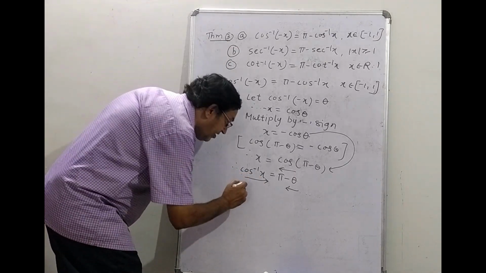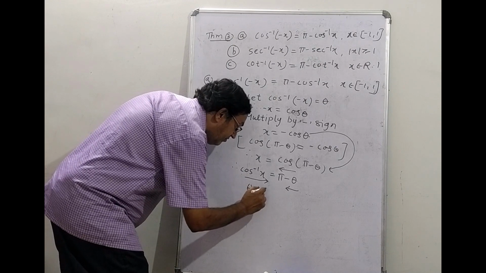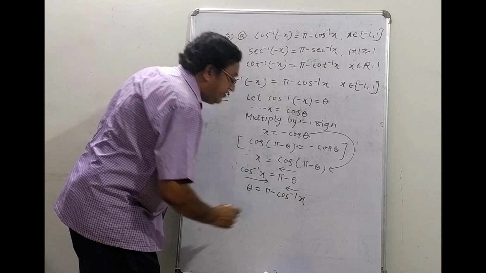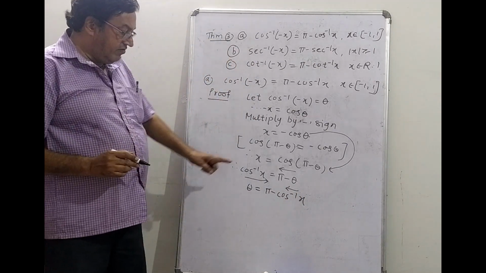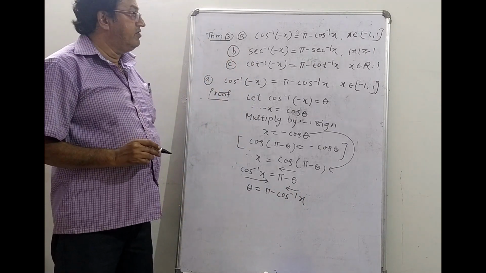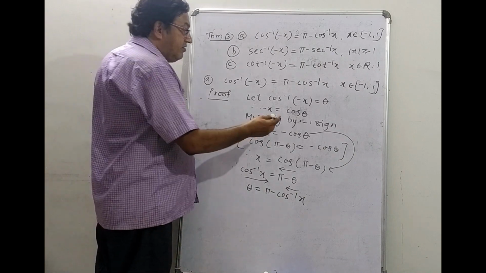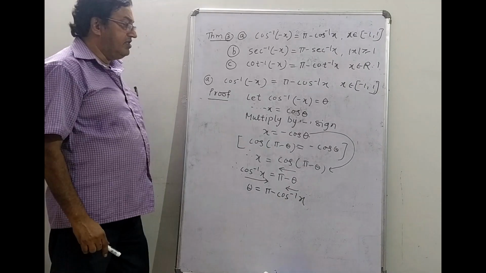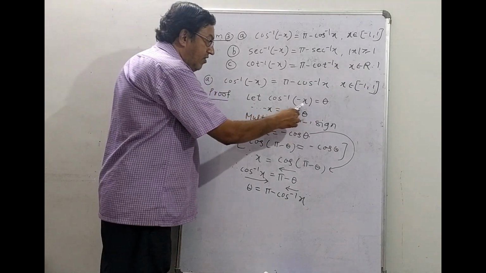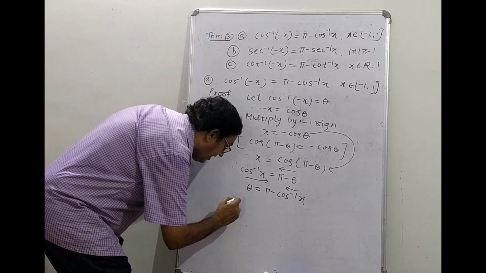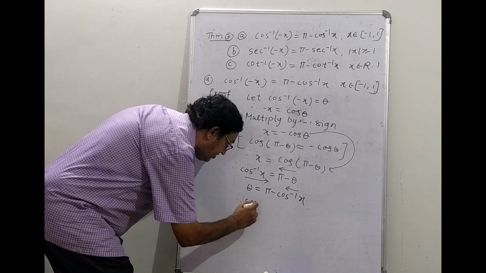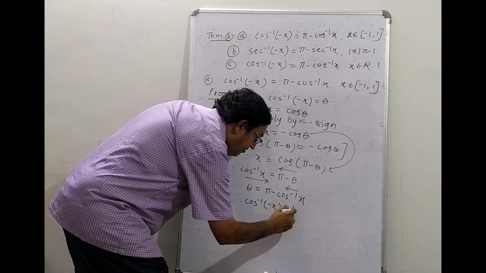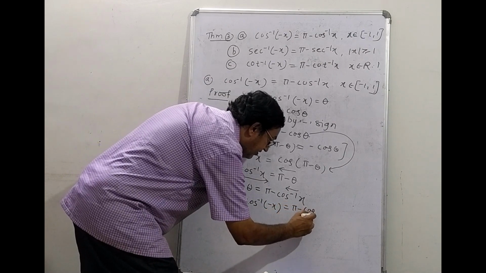So theta equals pi minus cos inverse of x. But what is theta? Theta is cos inverse of minus x. So we can write cos inverse of minus x equals pi minus cos inverse of x.